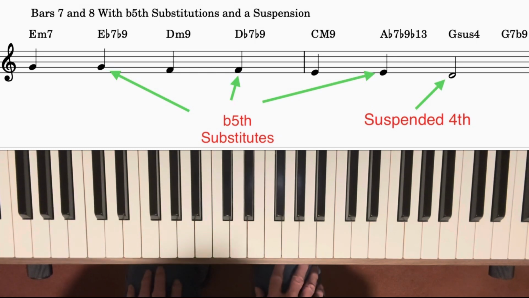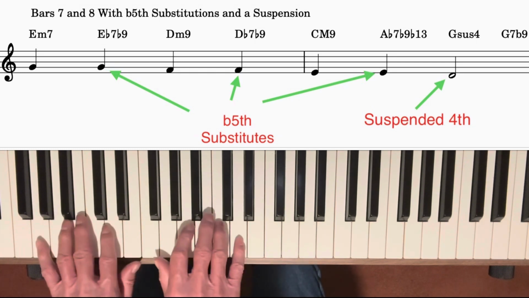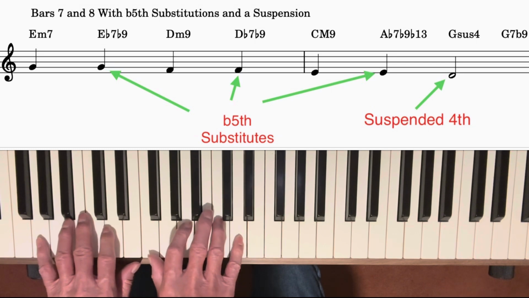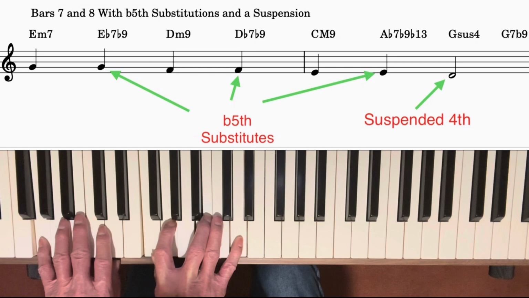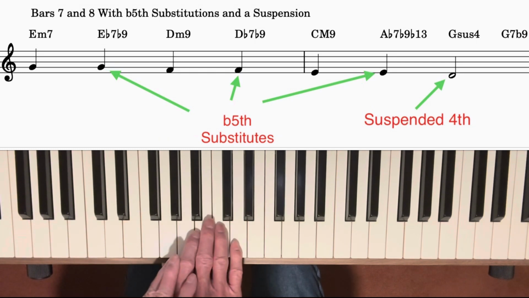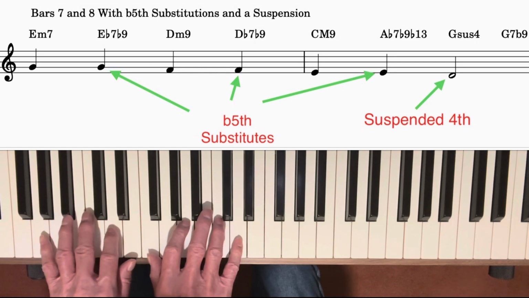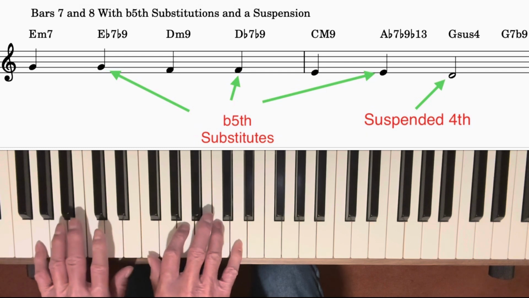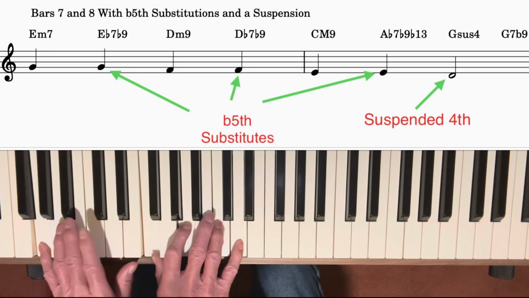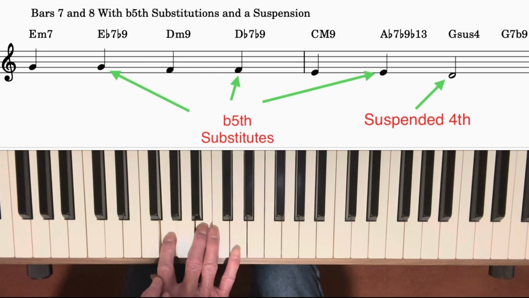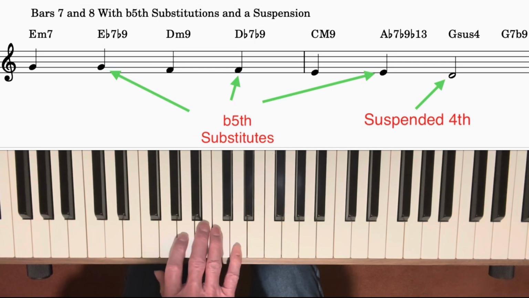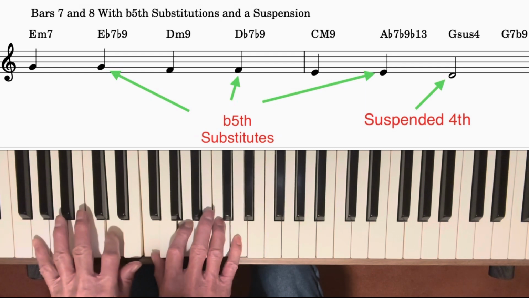Now, in a suspension, what you do is, instead of going to the notes in the next chord, you keep those notes down for a moment like this. So we say that these notes here, instead of going where they're expected to go to, where it feels like you need them to go to, they are suspended.